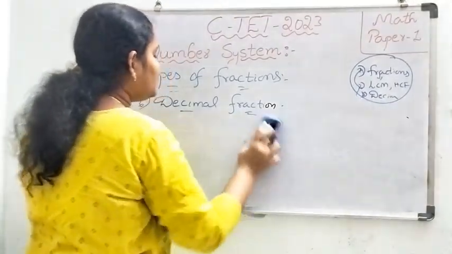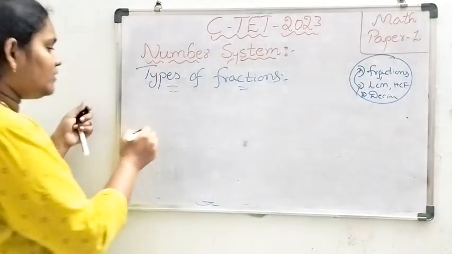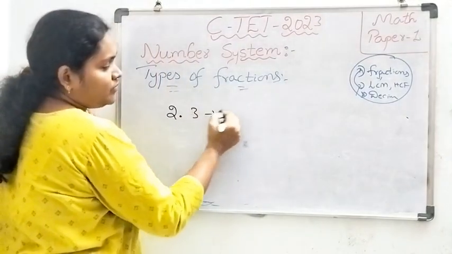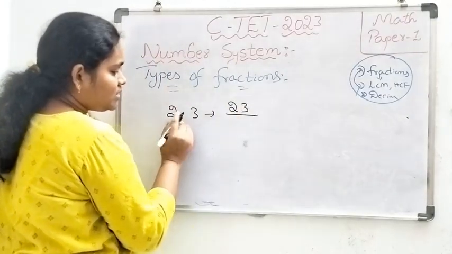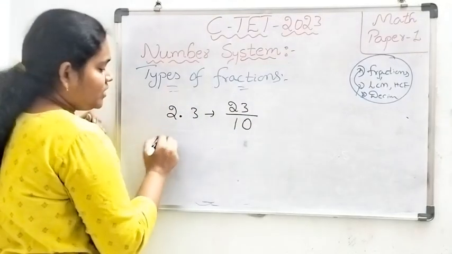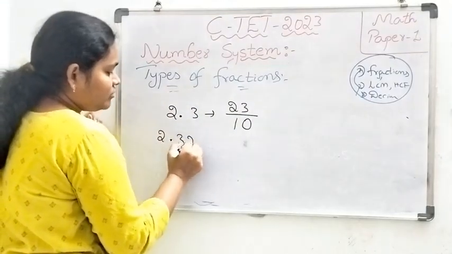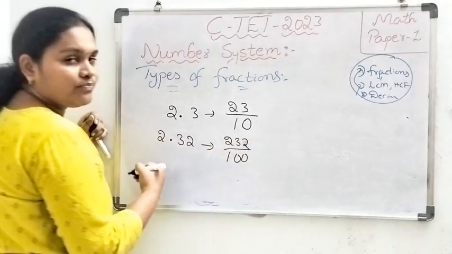So like this is the conversion. For a decimal fraction, which is in the form of a decimal, the decimal can be converted, like 2.3. First, write the number as it is, then the denominator: after the decimal point, how many digits are there? 1. So we should keep 10. Like 2.32, now it is 232 by 100, right?